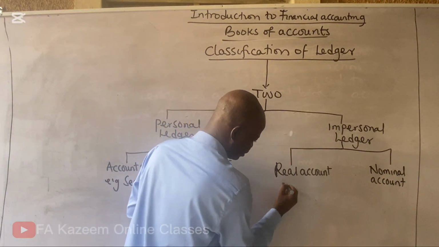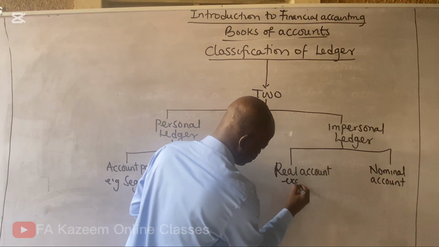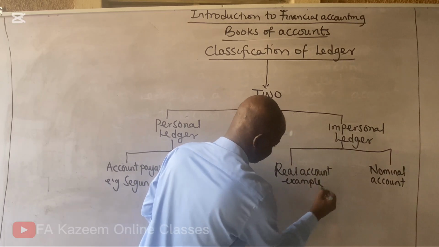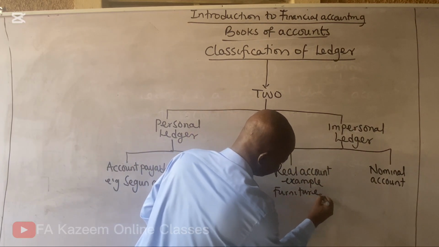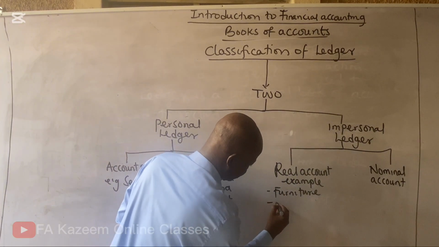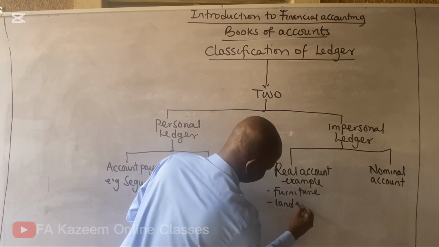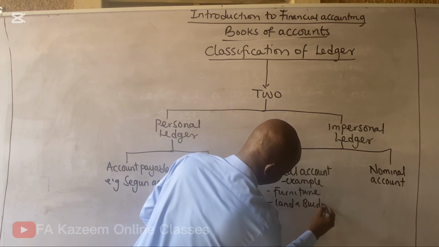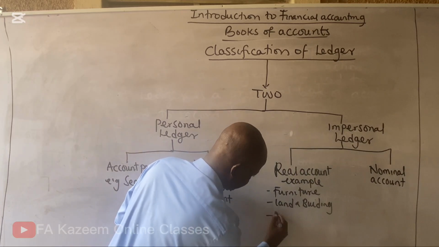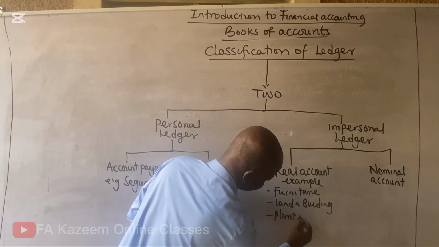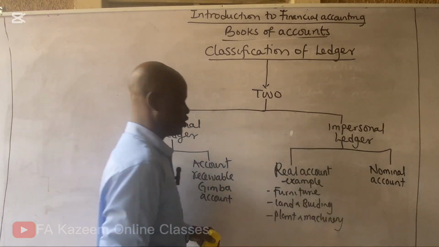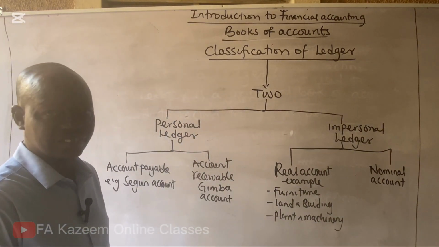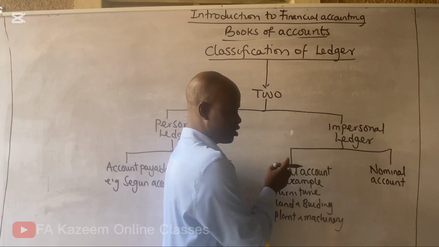A real account can be furniture. Furniture is an asset. A real account can be land and building. A real account can be plant and machinery. All tangible assets are classified as real accounts.